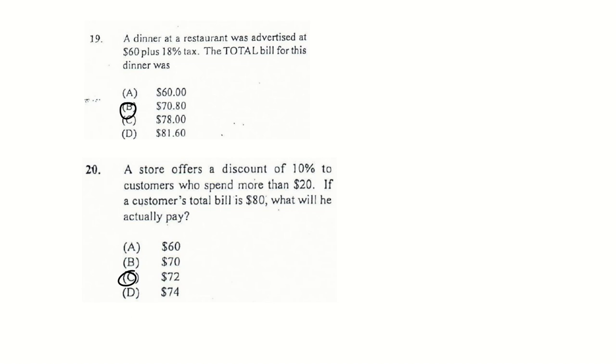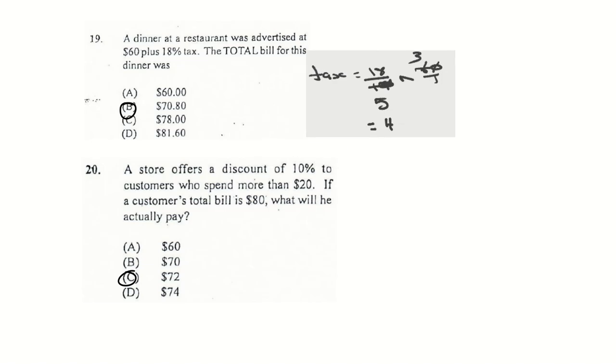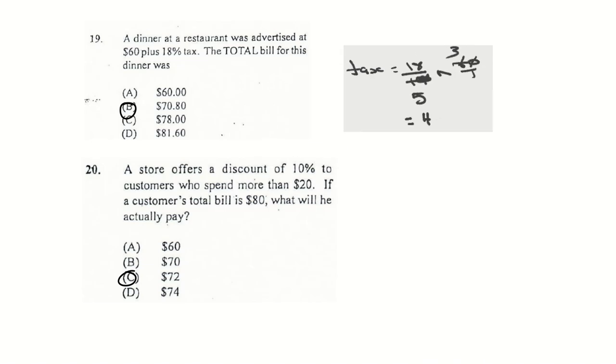Right, if you want to see the working for the tax question, it would have been this right here. It would have been 10.80, and then you would have gotten 60 plus 10.80 is $70.80.